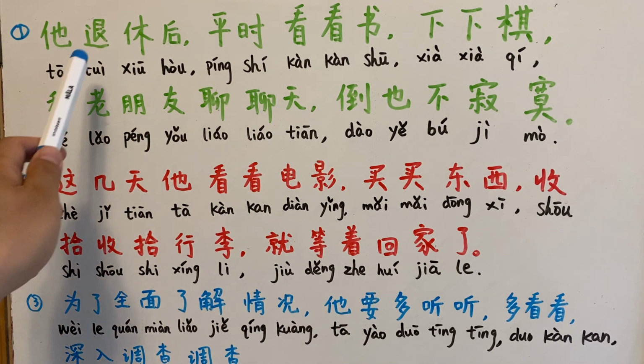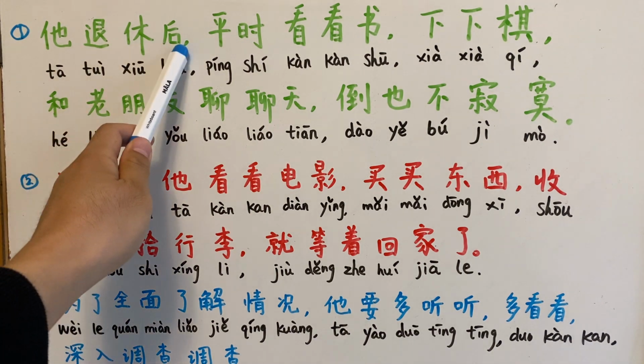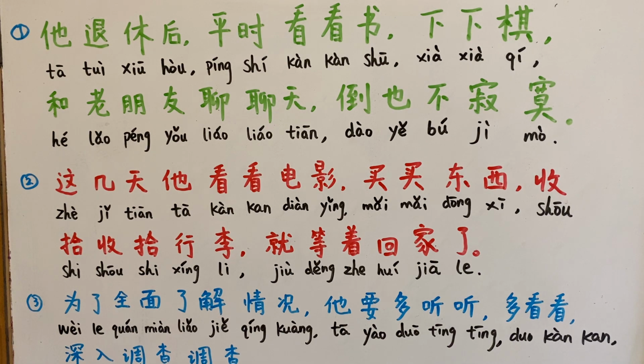That is to say, in this sentence, 退休后 is the adverbial of the sentence, meaning after his retirement.